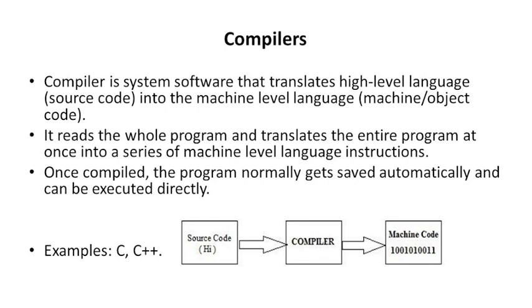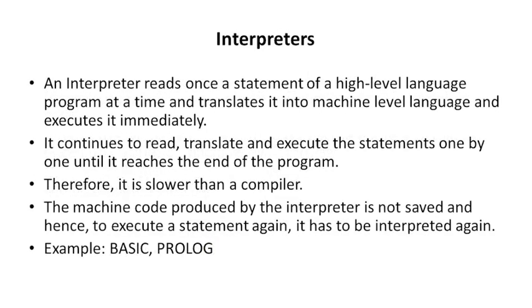The compiler will translate that "hi" into machine level instructions like 100 1001 010011. Then the computer can understand that machine code, and it understands it as "hi". That is about compilers. The examples of compilers are C++, etc.